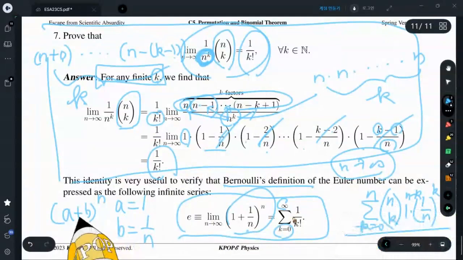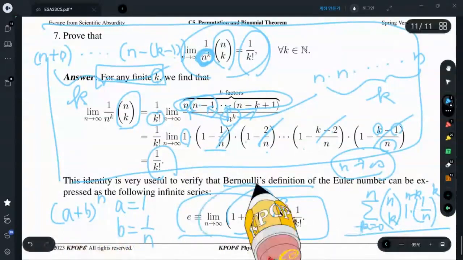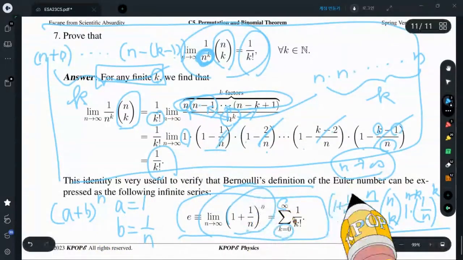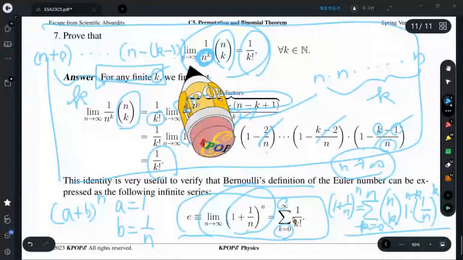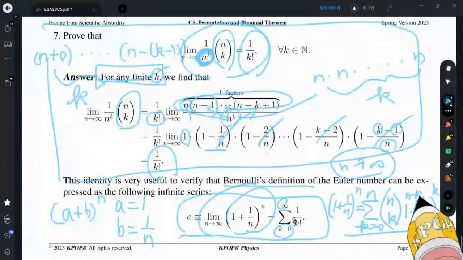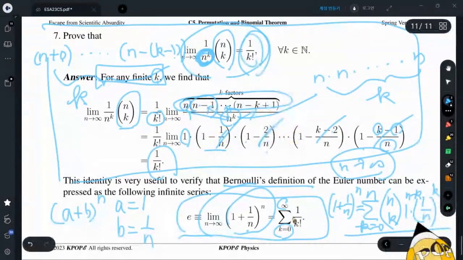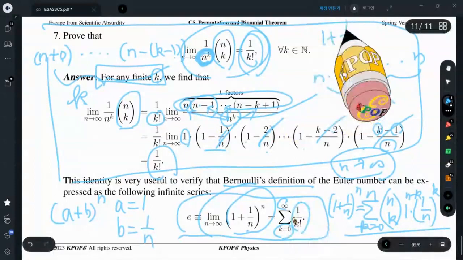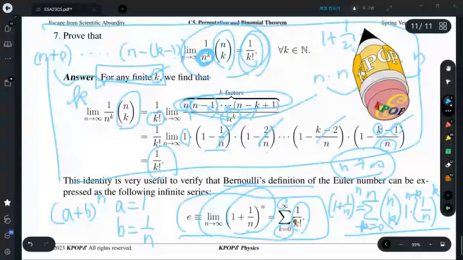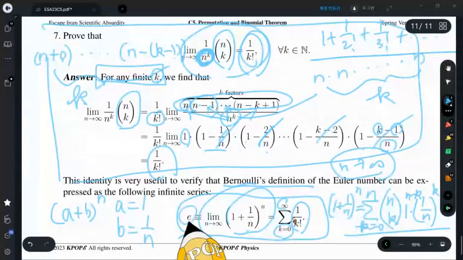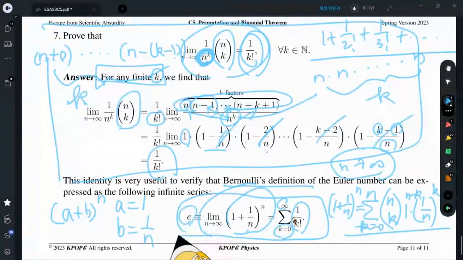This is exactly the same as 1 plus 1 over n to the n. If we take the limit n goes to infinity for any finite k, this is 1 over k factorial. So this one is greatly simplified into a simple form. It is nothing but 1 over 2 factorial, 1 over 3 factorial, and so on. If you add everything up, you will find e. We will compute this one later. That's it for today.